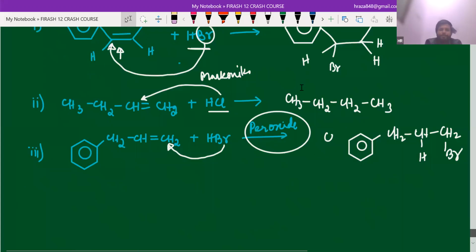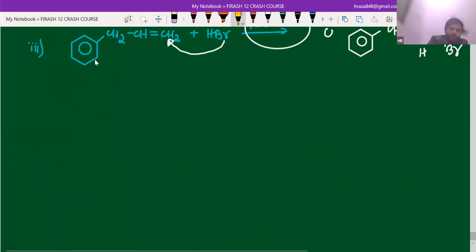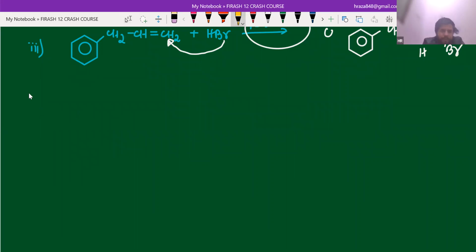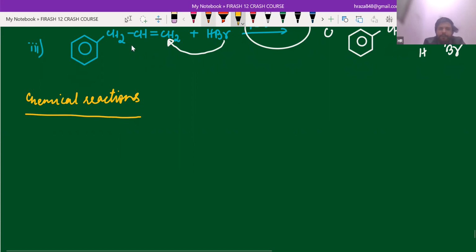Now we are going to see the chemical reaction. We need to study basically three types of chemical reaction here. The first one is nucleophilic substitution.